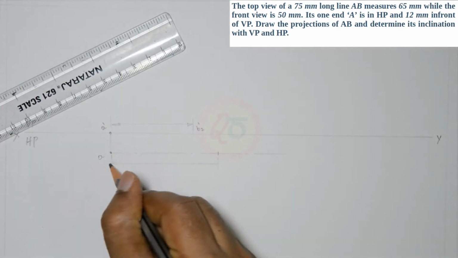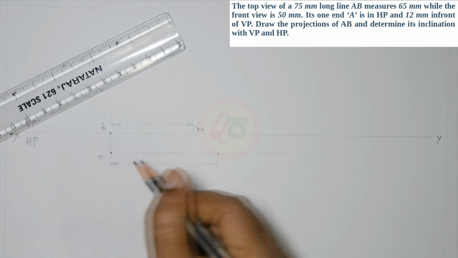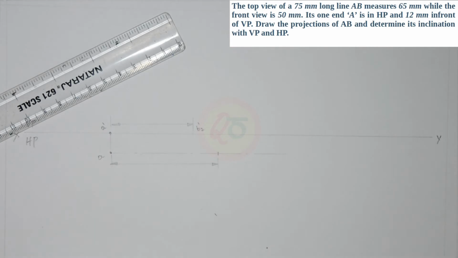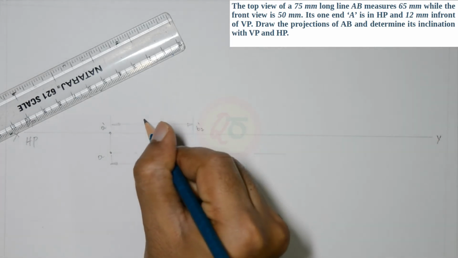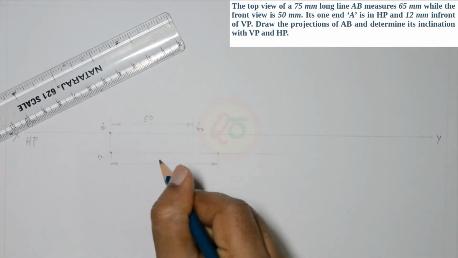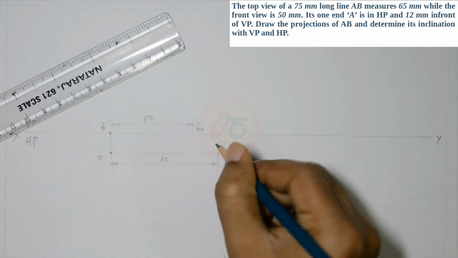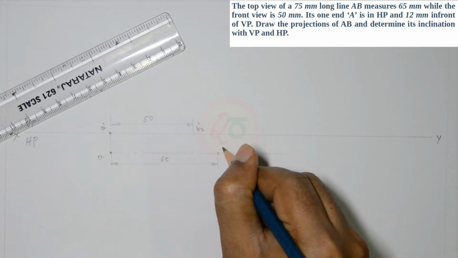So, this is 65. 50. This is 65. This point is B1.